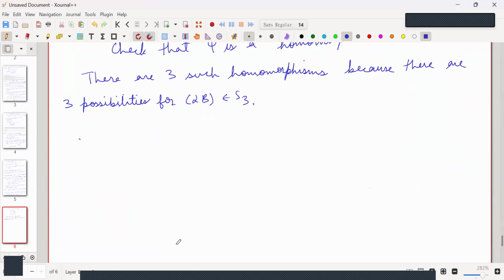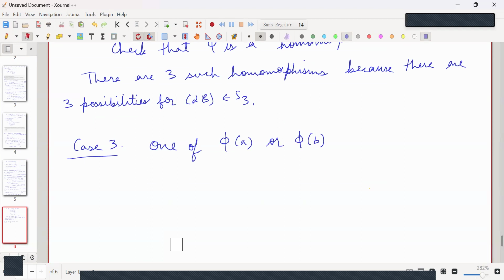Now there can be another case, case 3, which says exactly one of phi A, phi B has order 2.